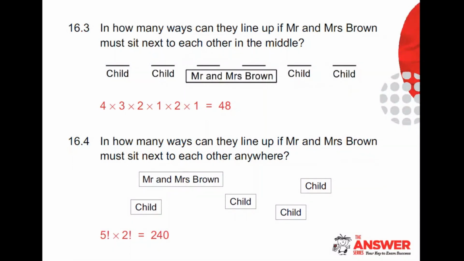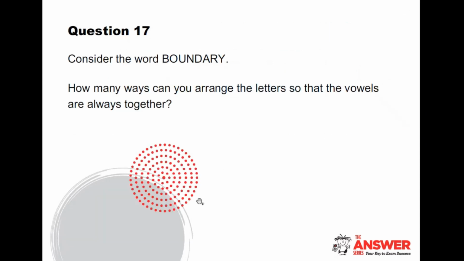Now, I know 2 factorial is the same as 2, but when it comes to 3 things, 3 factorial is not the same as 3. So we need to make sure our learners know that while for Mr. and Mrs. Brown there are 2 ways of arranging it, you've got to consider it as 2 factorial ways. So there are 5 things I'm arranging. Parents, child, child, child, child. 5 factorial. Times 2 factorial, because Mr. and Mrs. Brown can go either way.